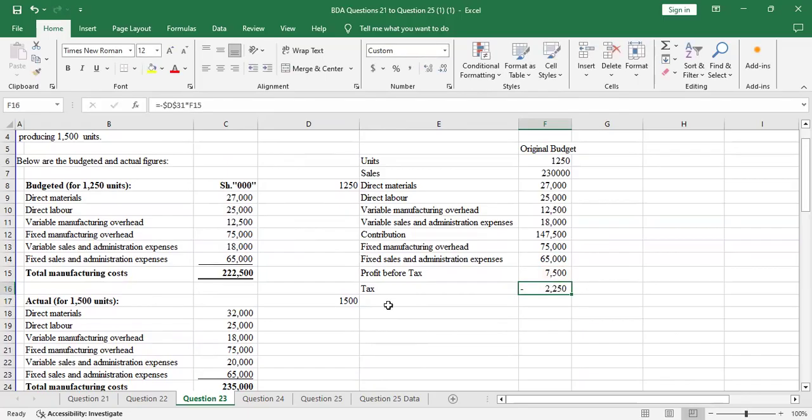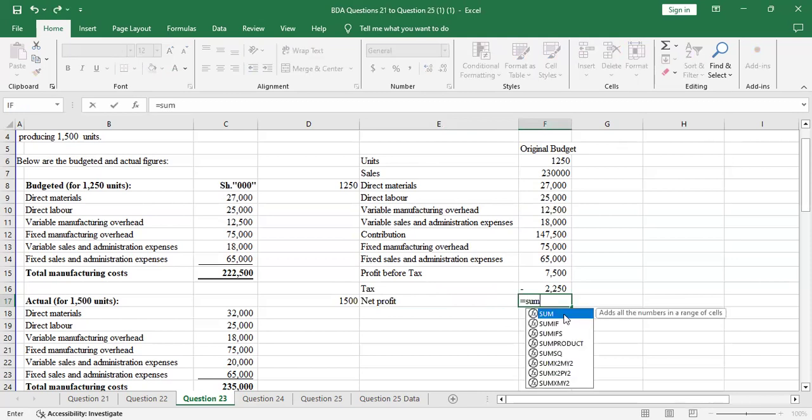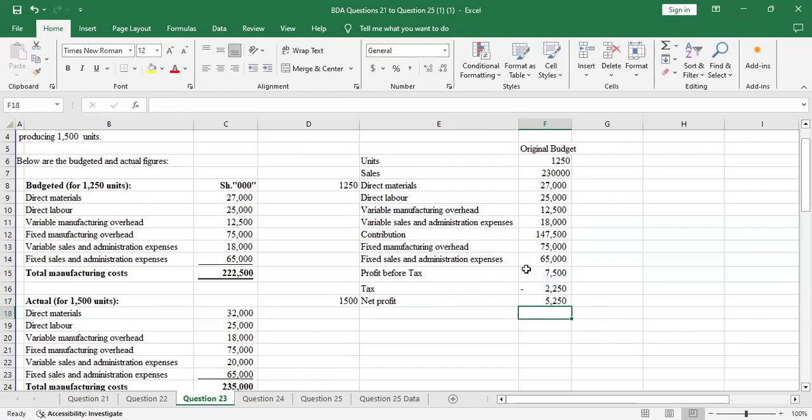So my net profit now, or the profit after tax, the net profit will be the sum of these two. So under the original budget, that's what I have.